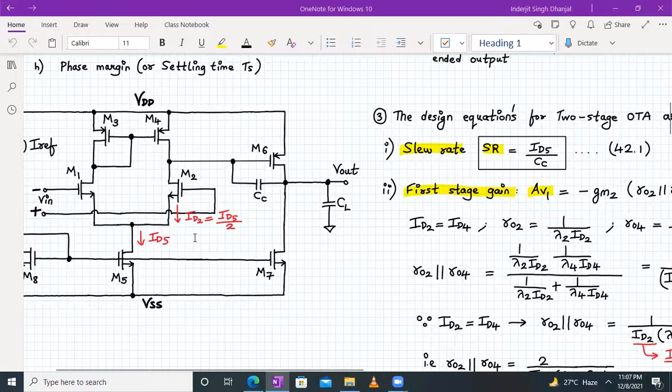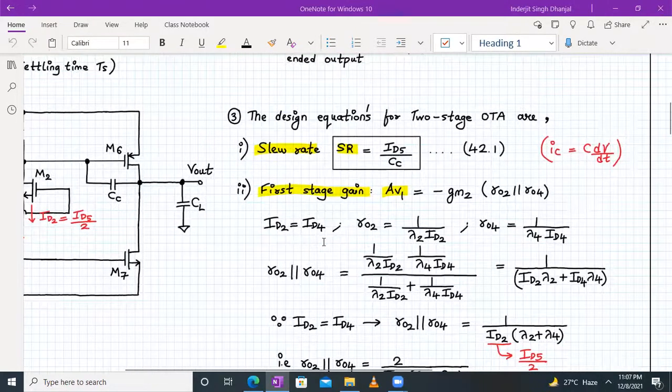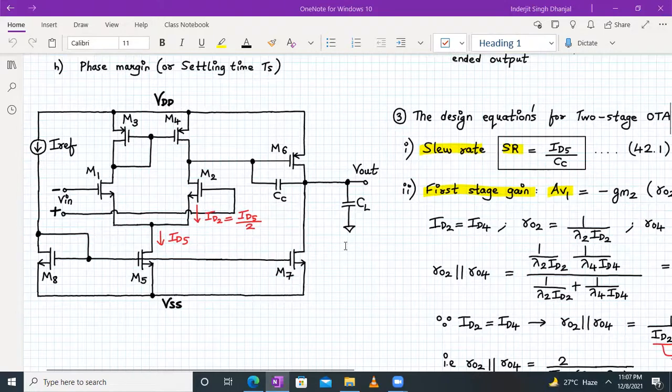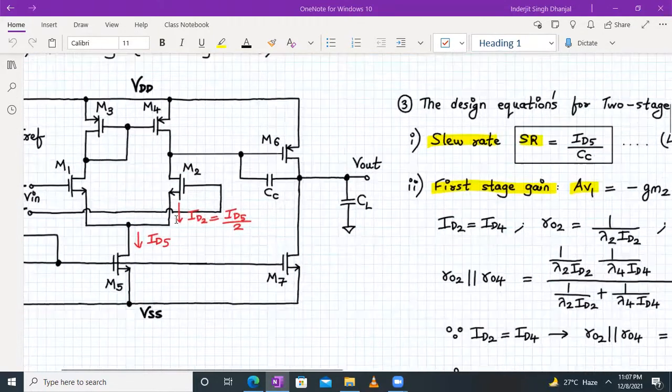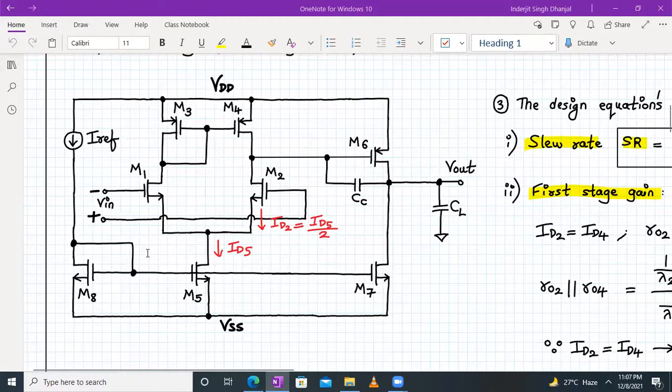So it is given by minus gm2 into ro2 parallel to ro4. I know that your ID2 and ID4 are the same, correct? Because they are connected in series, and ID2 will be ID5 divided by 2 because it's symmetric, right? Current flowing through M1 and M2 will be the same, equal to ID5 divided by 2.